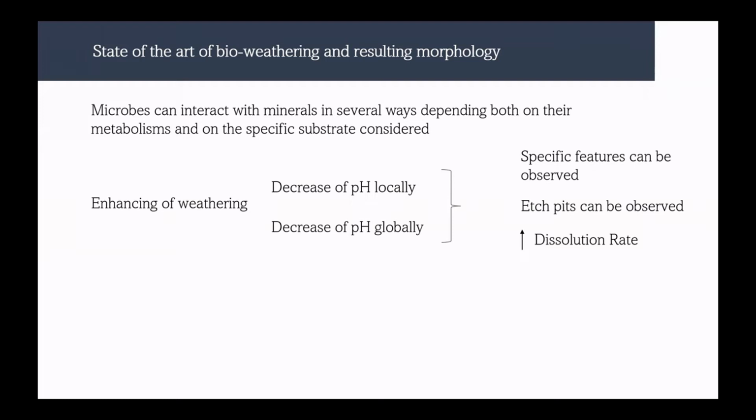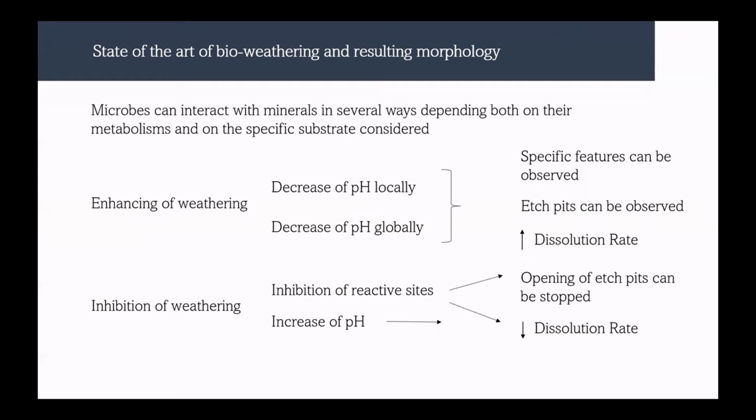This decrease of pH can occur locally, so at the interface between mineral and microbes, or more globally, by changing the pH of the solution itself. And this could lead to the observation of specific features that we wouldn't see in abiotic conditions. We could observe etch pits at saturation states where we wouldn't expect to see etch pits, and overall an increase in the dissolution rate because of the decrease of the saturation state.